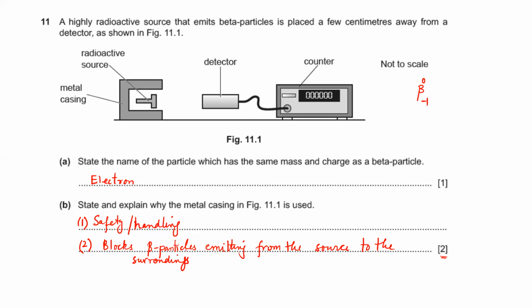Okay. So safety, handling again, and the second is the metal casing blocks the radiation, or the beta particles emitting to the surroundings from the source.